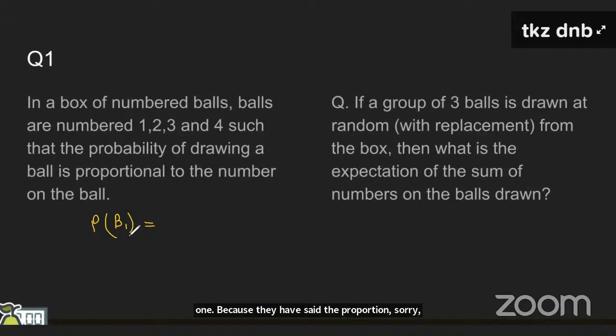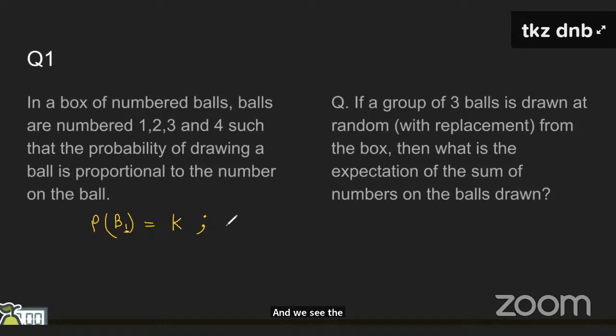What is the number on this ball? It's 1, so its probability is proportional to 1. When we say proportional to 1, it means there will be some constant k. So the probability of b1 will be k.